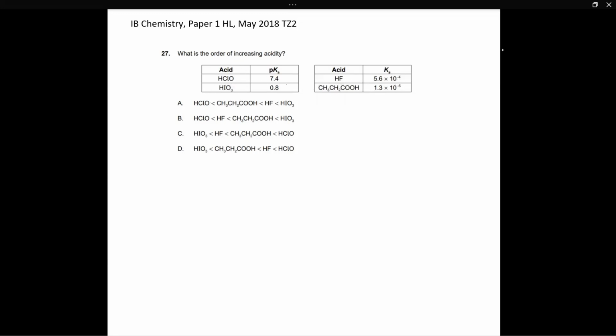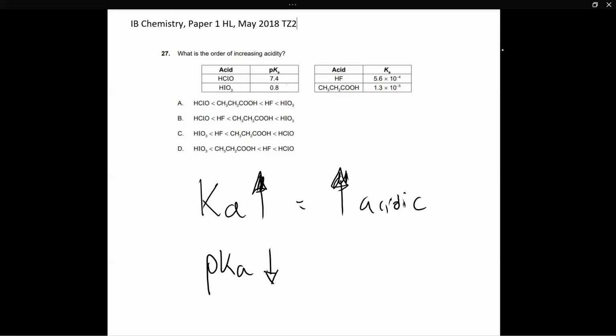So it's very simple. Just remember two things. The higher the Ka value, the more acidic the acid or the substance that you're taking a look at. But contrastingly, the lower the pKa value, the more acidic a substance is.